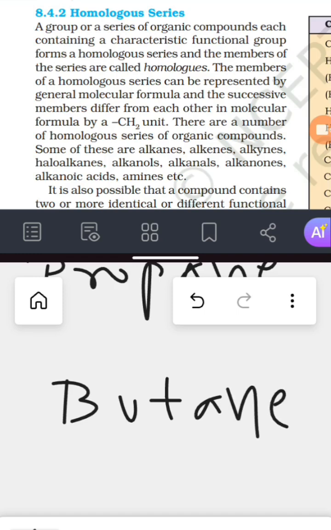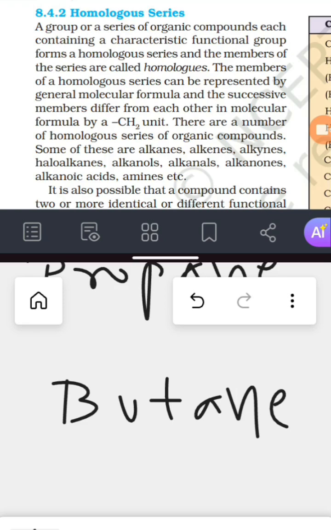Butane becomes pentane, pentane becomes hexane, hexane becomes heptane, like that. Another member will be delivered. That is called homologous series. It is a series of compounds. Just by adding CH2 to each lower member, we get the next member.